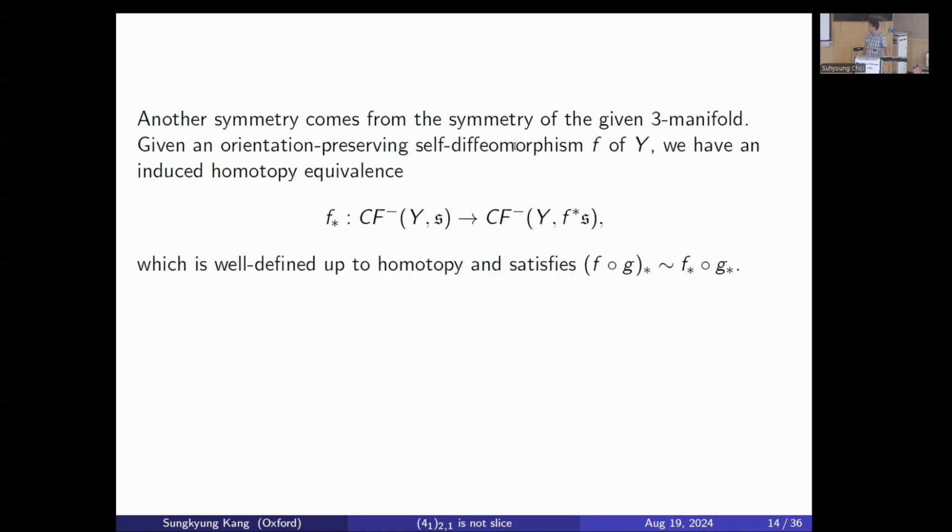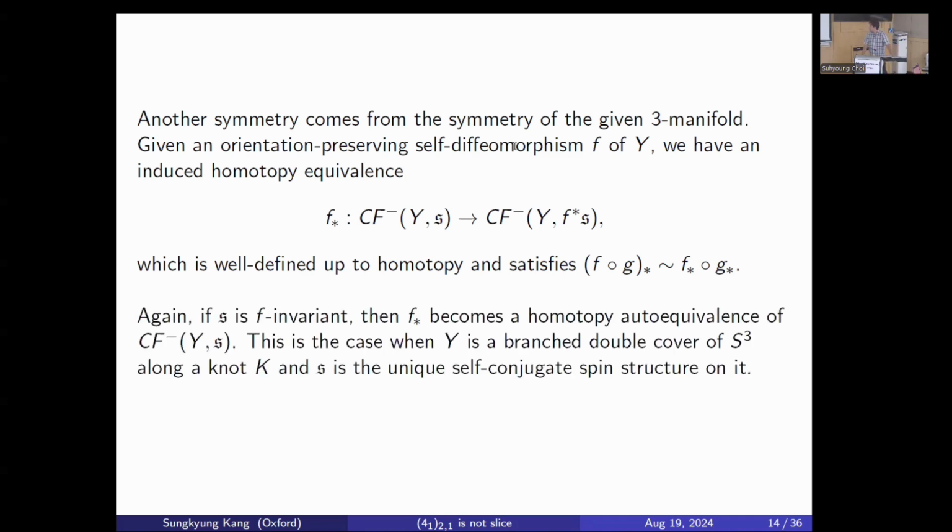Okay, and we'll need another symmetry coming from a topological one. If you have an orientation preserving self-diffeomorphism f on your three-manifold, then thanks to the work of naturality due to Juhász, Thurston, and Zemke, and also functoriality due to Zemke, we can define an induced homotopy equivalence from CF minus of the spin-C structure S to CF minus of f pullback of S. And this is again well-defined up to homotopy, and it is also functorial up to homotopy.